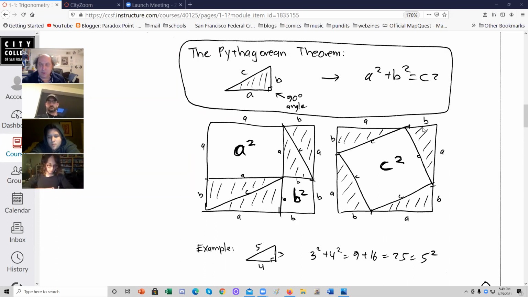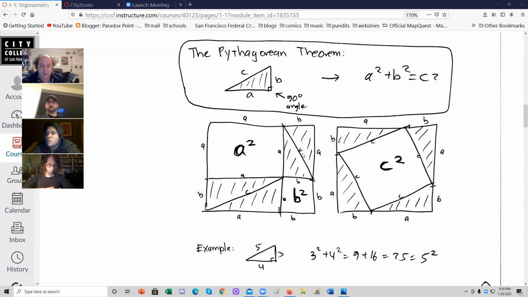And here's another square of the same side a plus b. Now here we draw 1, 2, 3, 4 triangles with sides A, B, and diagonal C. Here, here, here, and here. And now it's clear to see that this is a square with side A, so it has area A squared. This is a square with side B, it has area B squared.